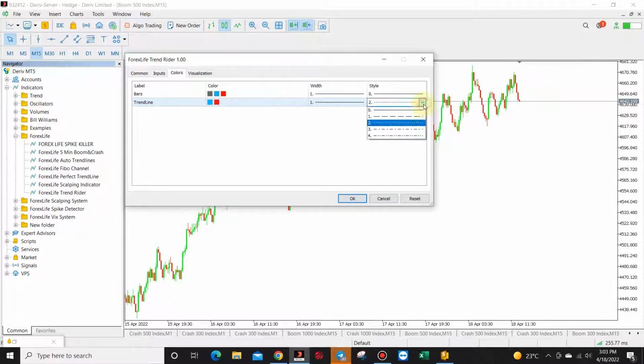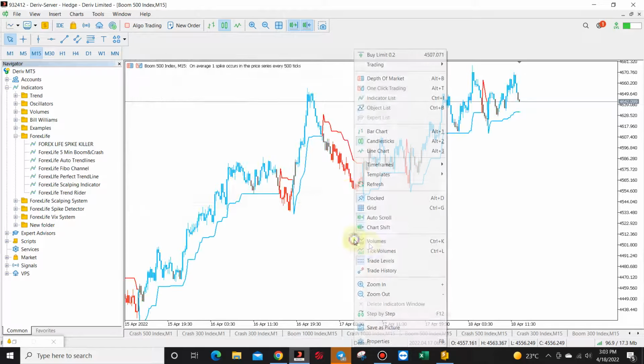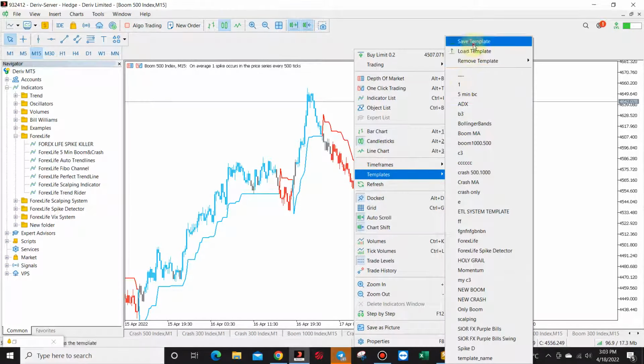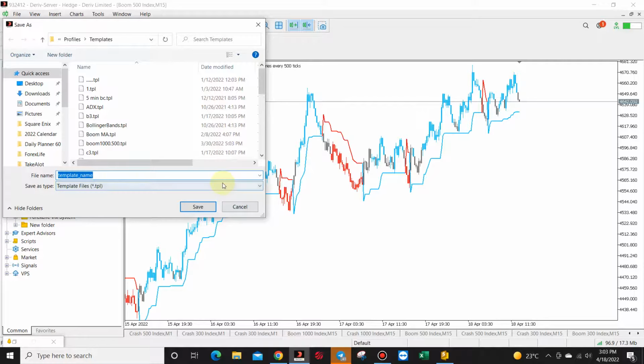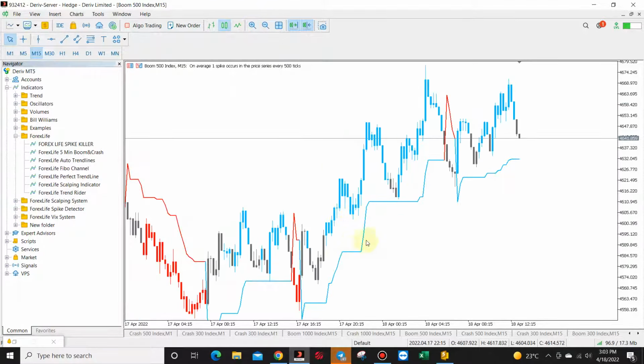You can just create a template and then just load your template. I'll show you guys how to do that in a moment. So I'm just going to save this as a template, ForexLife Trend Rider. So I'll just save that. So next time when I open the chart, I can just load the template and not go through all the changes. So we're on the 15-minute, we're on Boom 500.